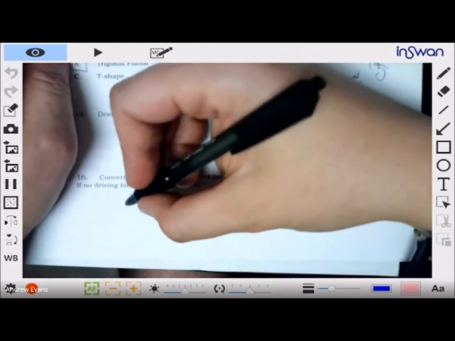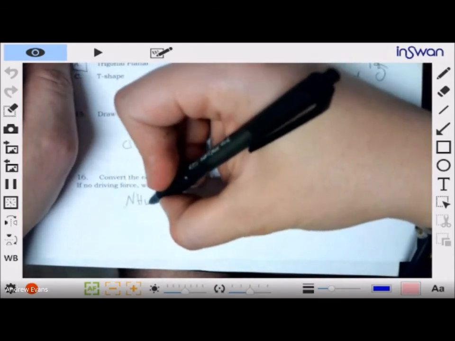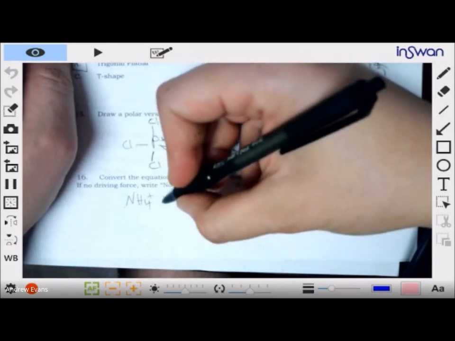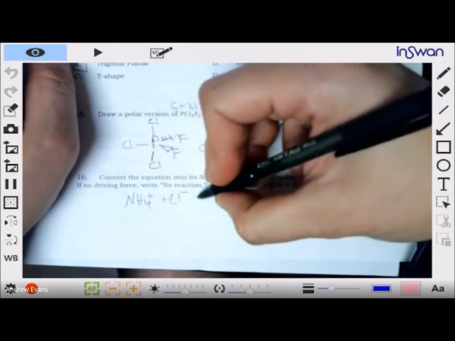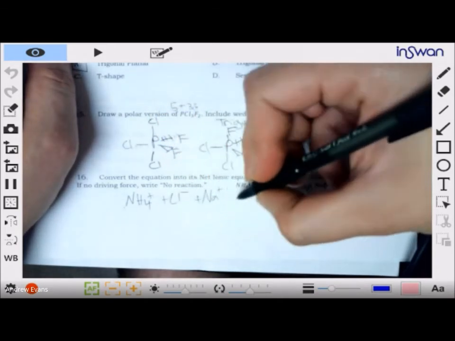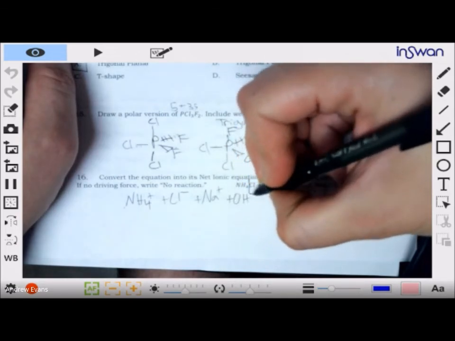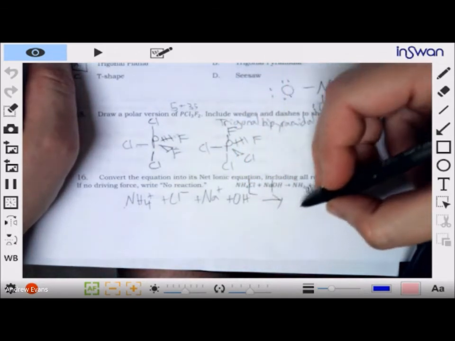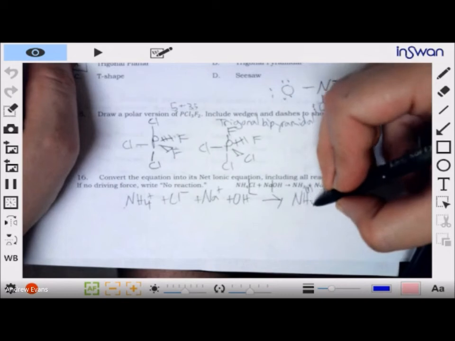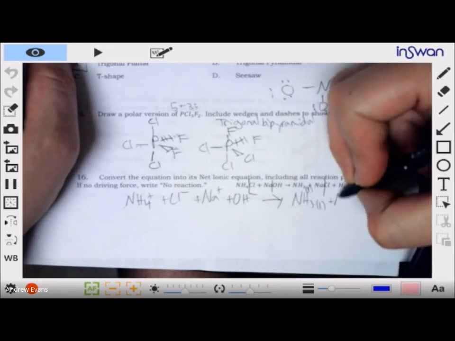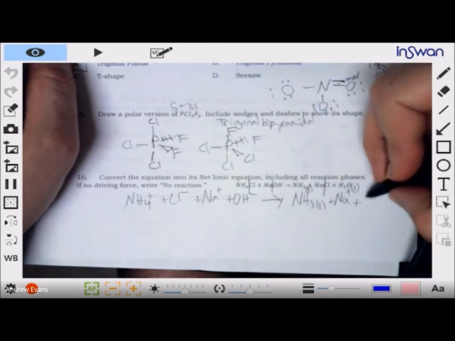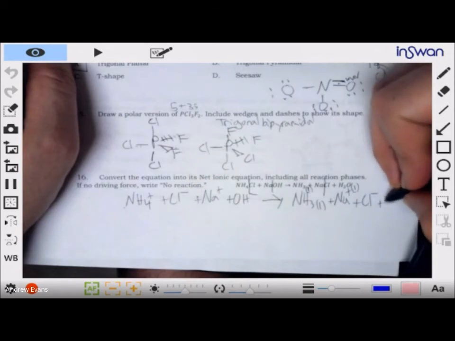So you would have ammonium plus 1, chloride minus 1, sodium plus, hydroxide minus goes to NH3, let's just call it a liquid, Na plus, Cl minus, H2O, it's a liquid.